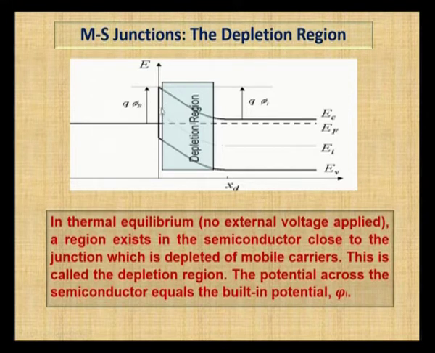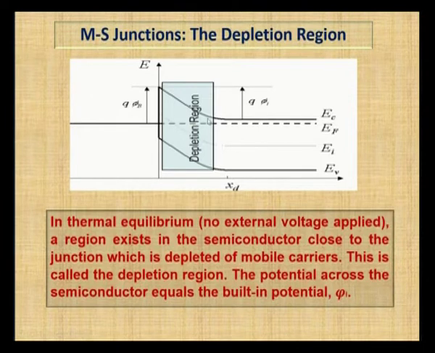So if we consider n type, the free electrons will move from the semiconductor to the metal, leaving behind the positive donor atoms. This donor atom will create a barrier. This barrier is called the potential region. Next to the metal contact, there exists a barrier due to the positive donor atoms. That region is called the depletion region.